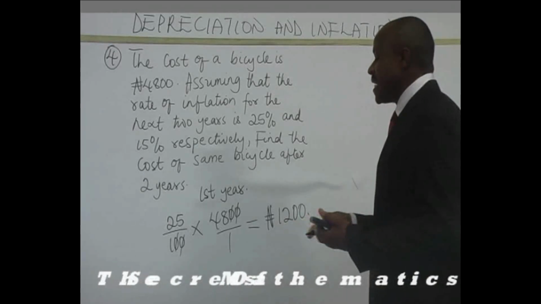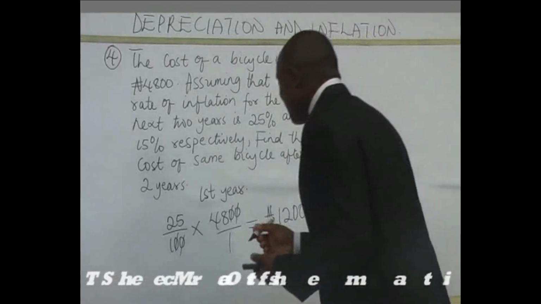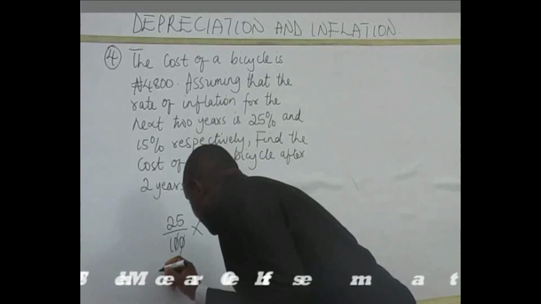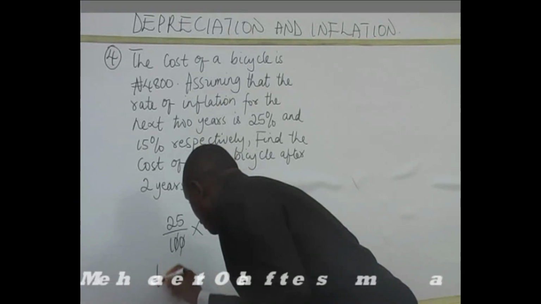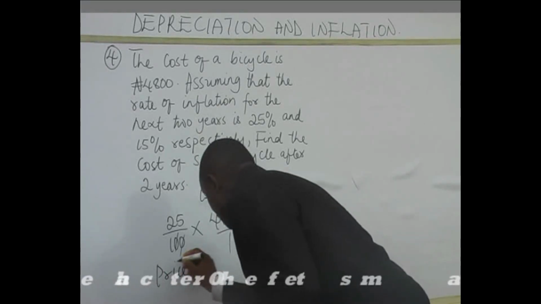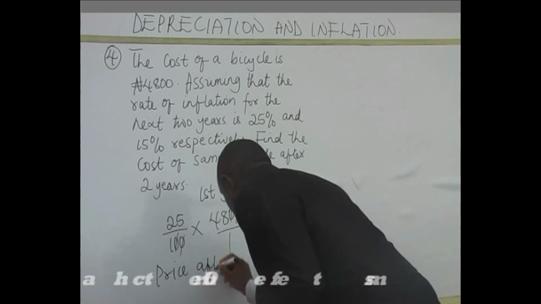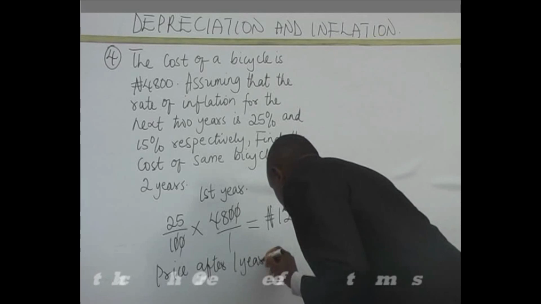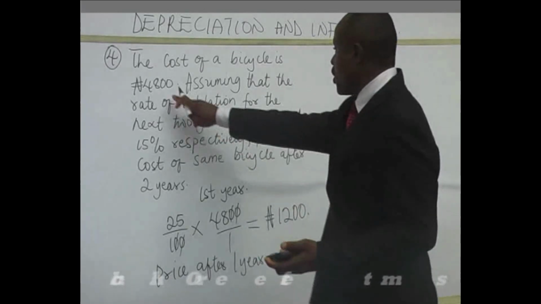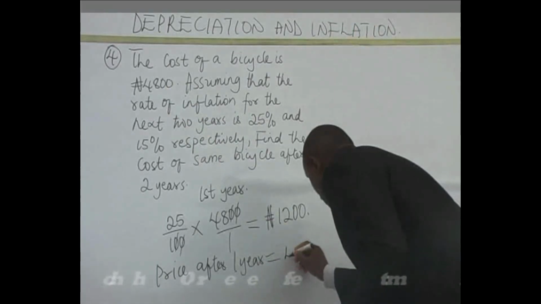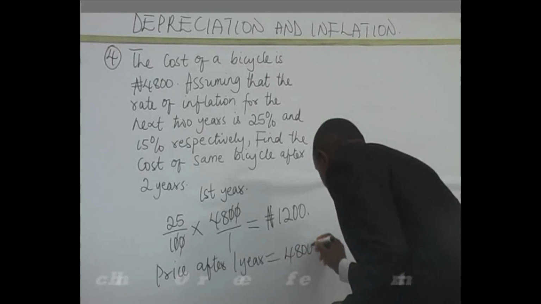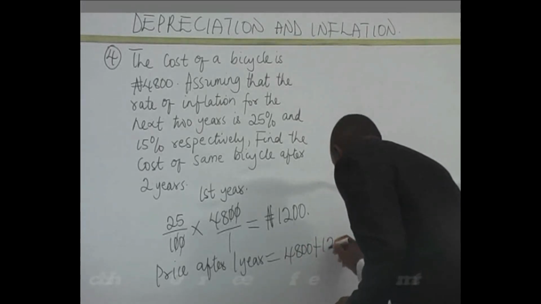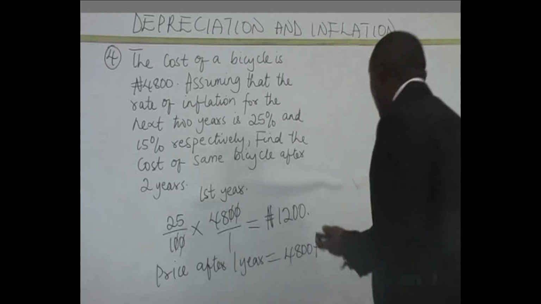That means the price of the bicycle after 1 year is equal to the original price, which is 4,800, plus the inflation 1,200.